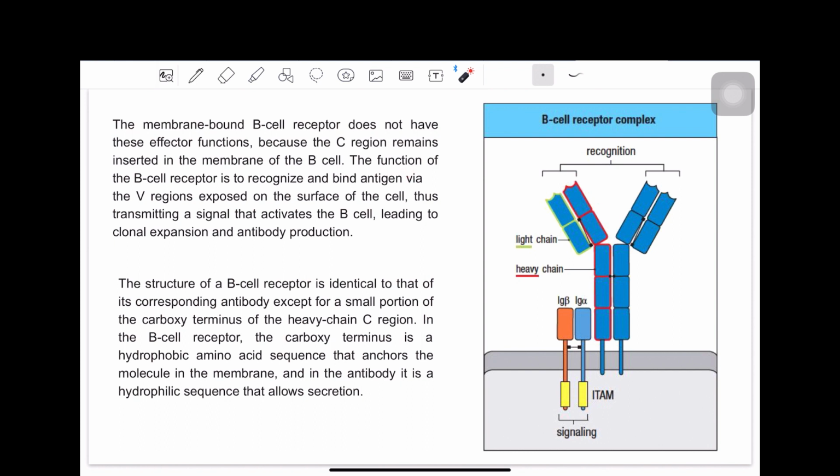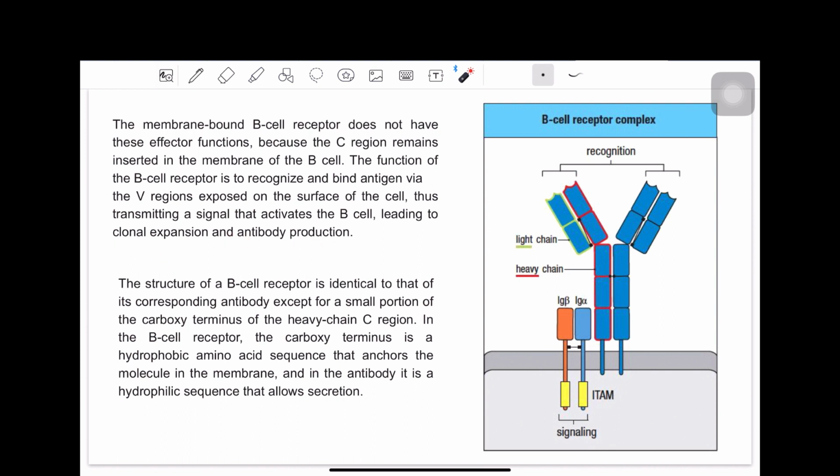And the function of the B cell receptor is to recognize and bind antigen via the variable regions exposed on the surface of the cell. So for the BCR, as you can see here, this is a B cell receptor complex. The antigen binding portions are on the surface of the cell, and through these antigen binding sites, they can bind to the antigen, and then it transmits a signal that activates the B cell, leading to clonal expansion and antibody production.